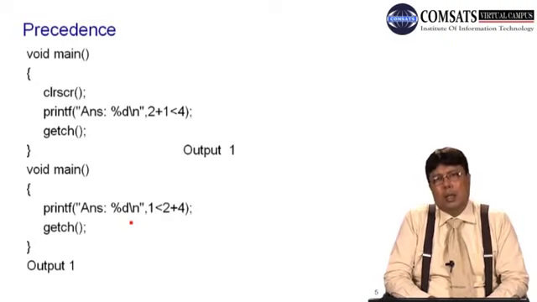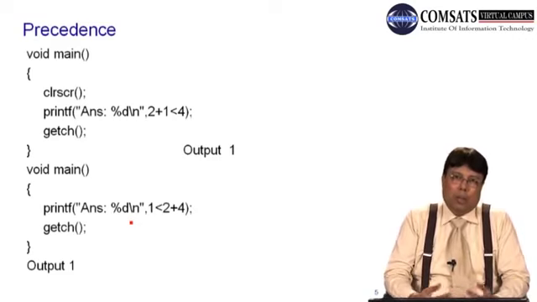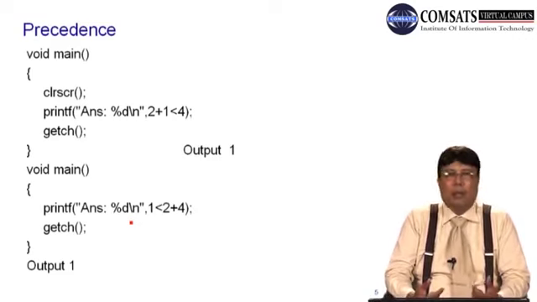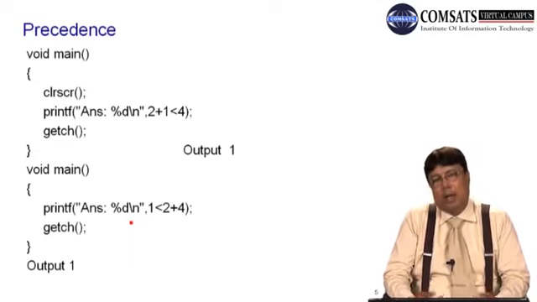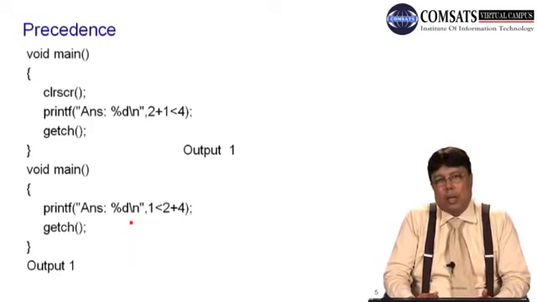So what have we learned? Up to now we have seen that we can use equality operators. To compare two values, we can use the equal sign. We can use the greater than operator, and we can use the less than operator.